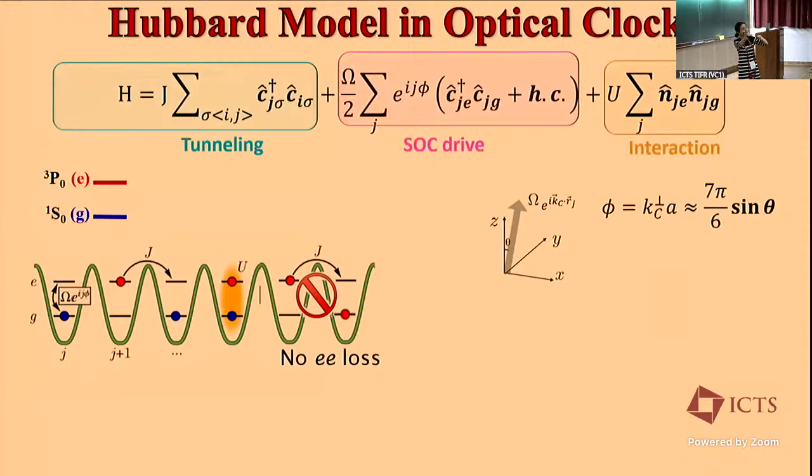If we have a 1D lattice, we can only point the clock laser along the strong lattice direction, because in the weak direction the atoms are going to blow apart. But if all the dimensions are trapped, then we can orient the clock laser as we want. For example, I can make the motion only happen in one plane and not in the other.